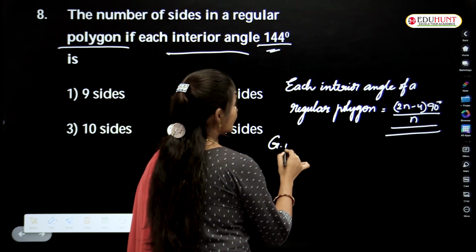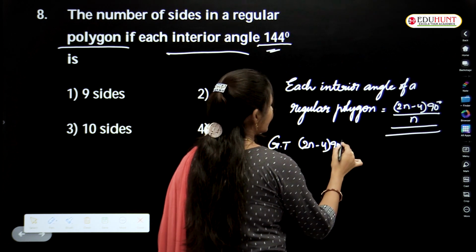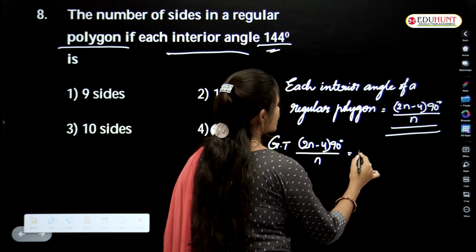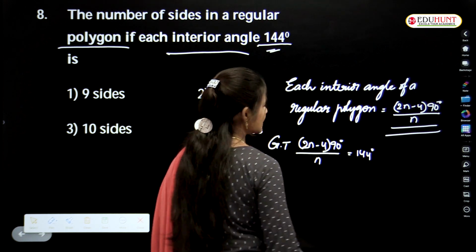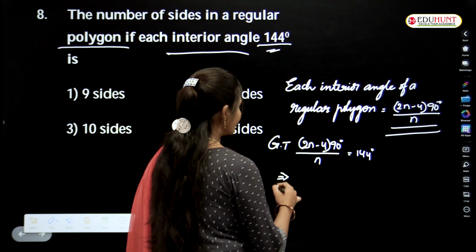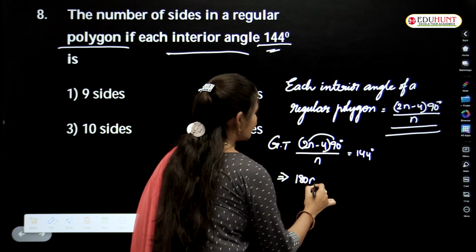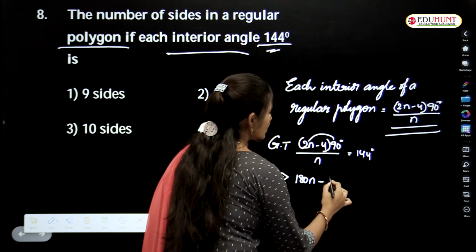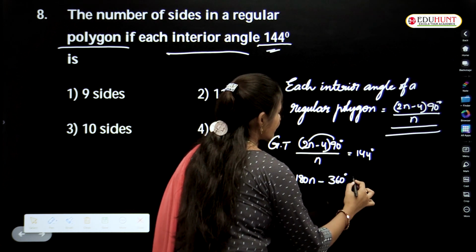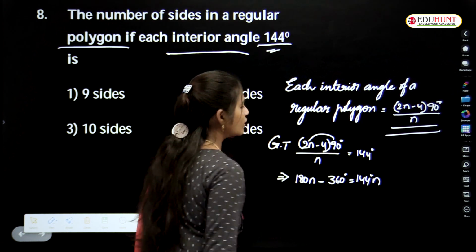So given that (2n - 4) into 90 degrees whole by n is equal to 144 degrees. So which is equal to 90 into 2n, that is 180n, minus 90 into 4 is equal to 360 degrees, which is equal to 144 degrees into n.